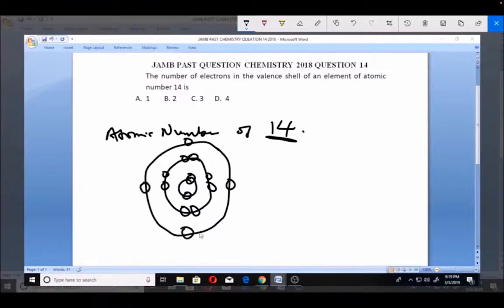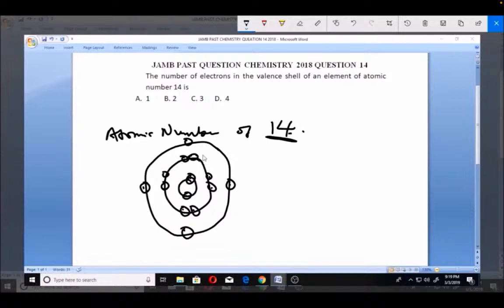If you count the total number of electrons, it should be equal to the atomic number. So we have 1, 2, 3, 4, 5, 6, 7, 8, 9, 10, 11, 12, 13, 14. So we have 14 of it, which is equal to the atomic number. But note that the inner shell must have only 2.